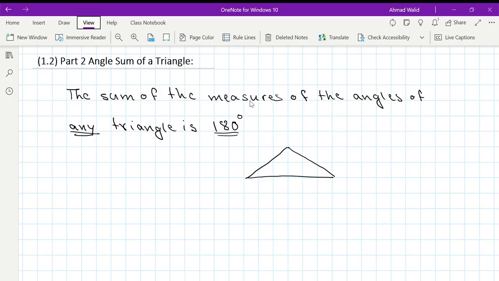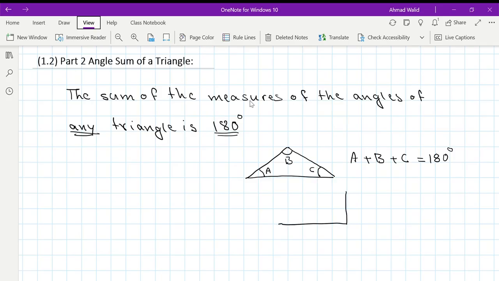Correct? As if I name this angle A, this angle B, and this angle C, A plus B plus C is always 180 degrees. Any triangle, even if I draw a right triangle for you.